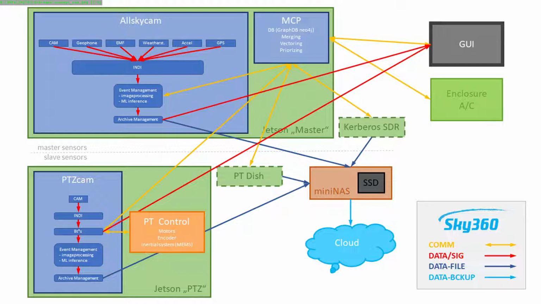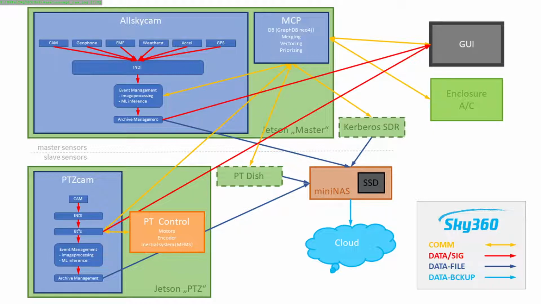In the archive management, every Jetson board, every sensor provides its data and stores it in the database that we provide via the MCP, and that is stored on the mini NAS.